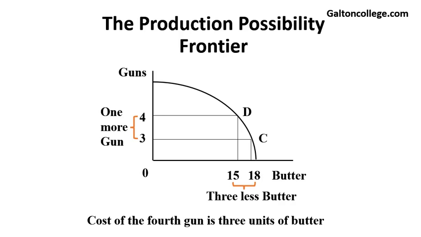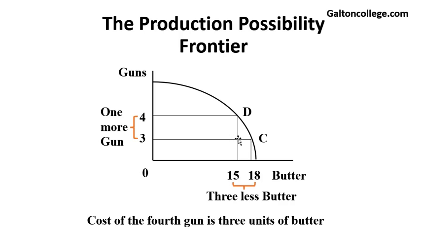Now, before we leave it, and really that's all I want to do in this short class, I want to introduce a topic that we're going to bump into a lot in economics, and particularly in microeconomics, as we go through it. And this is the idea of what's known as an opportunity cost. If we're at, say, 3 units of guns and 18 units of butter, at the point C, and we decide to have 1 more gun, the cost of the extra gun is 3 units of butter.